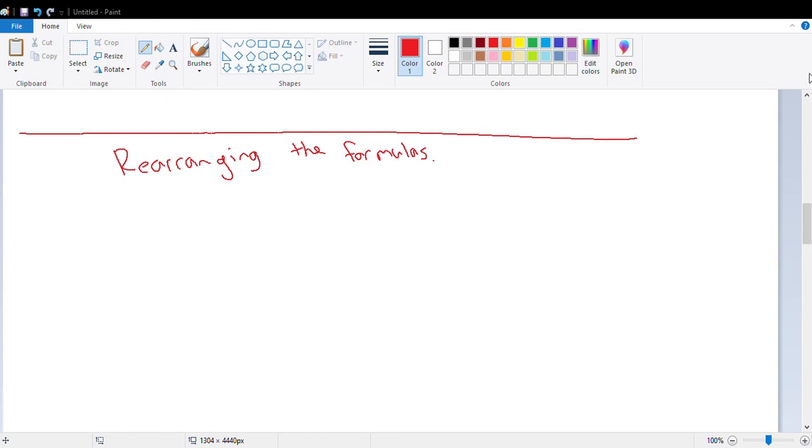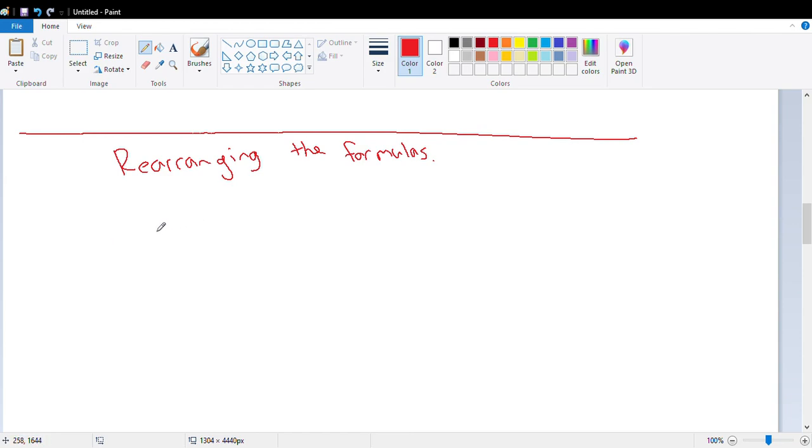Questions 1 to 4 don't need rearranging. Question 6 doesn't need rearranging. Question 7 does not need rearranging. And question 8 does not need rearranging. So I spoke too soon. We don't need to rearrange any formulas, but I might show you how to rearrange one anyway.